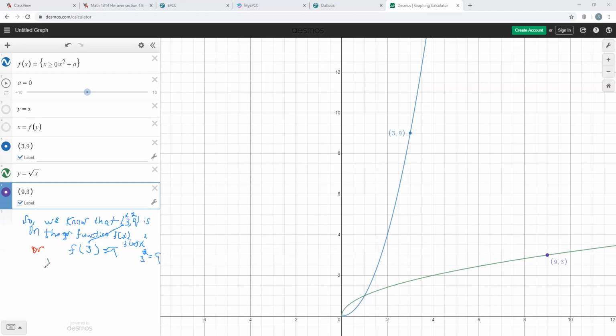And if we now take the inverse function, which is this one, the square root of x, we did that already.